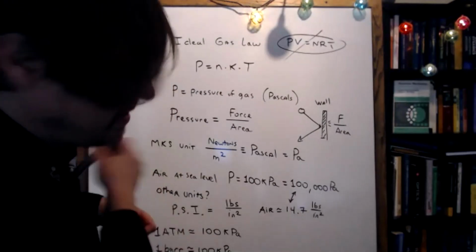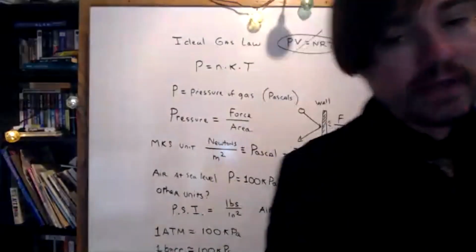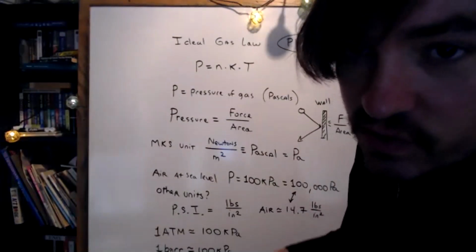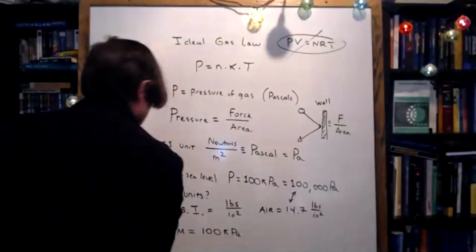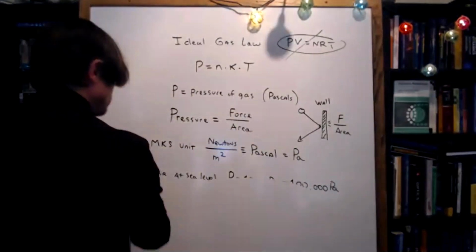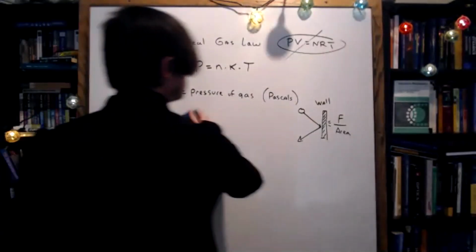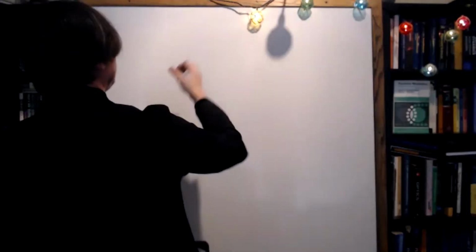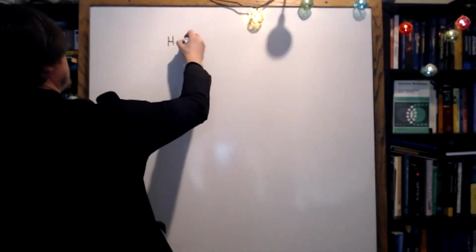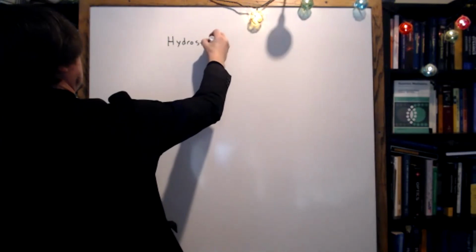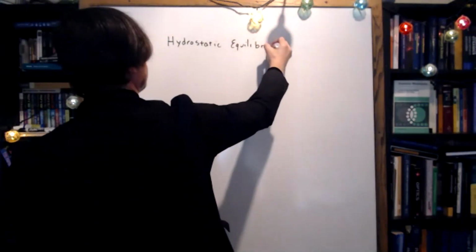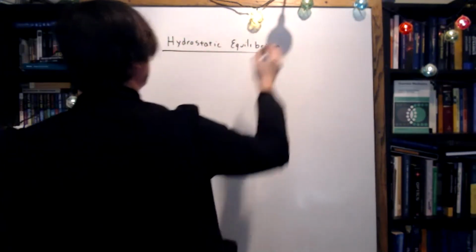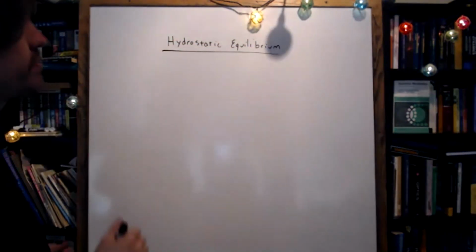And the thing is called hydrostatic equilibrium. It's a concept that applies not only to stars, but also to gas giants like the planet Jupiter. Introducing hydrostatic equilibrium. And I can define hydrostatic equilibrium this way.